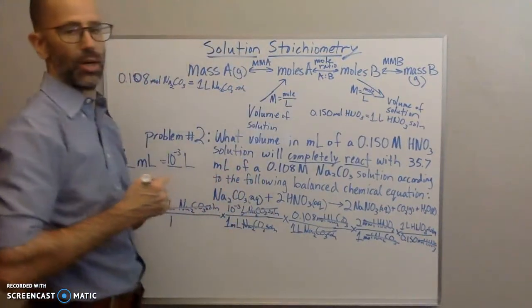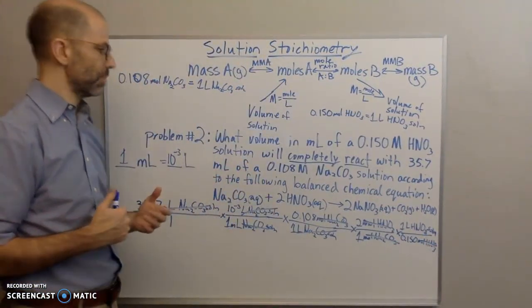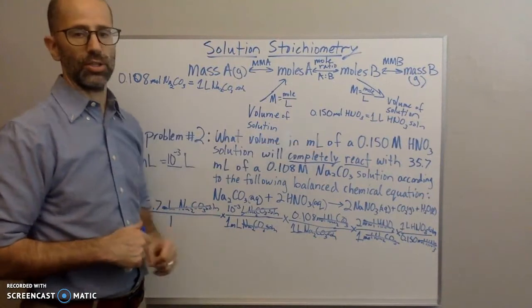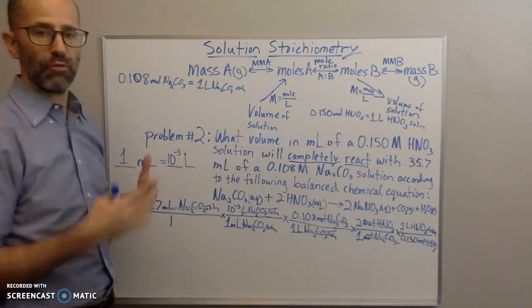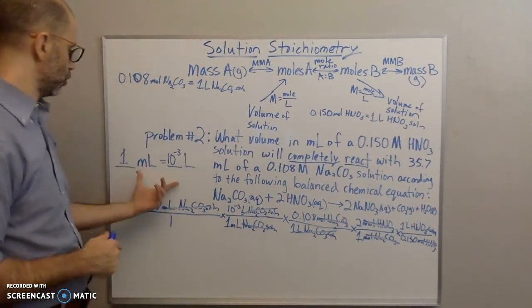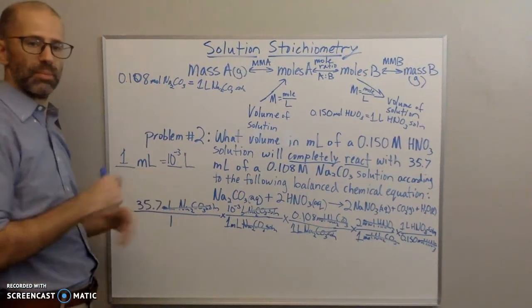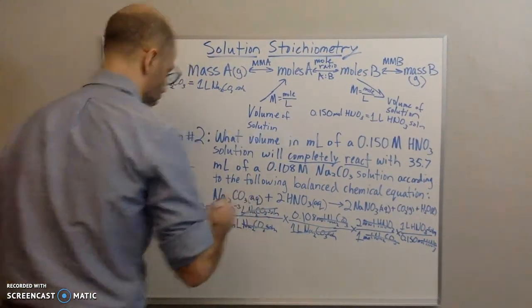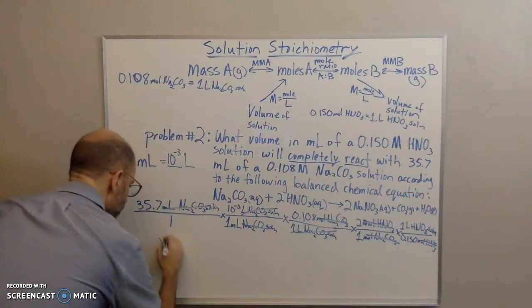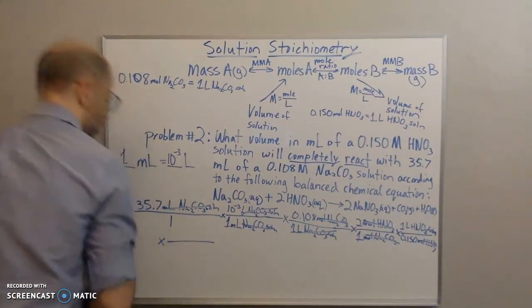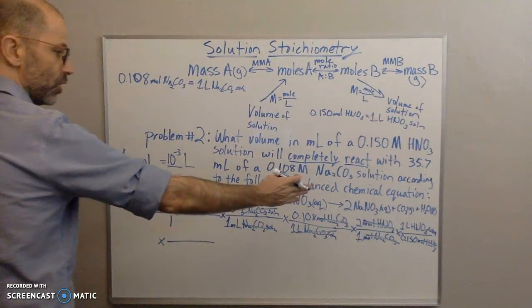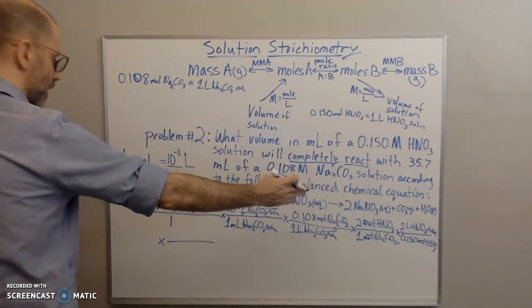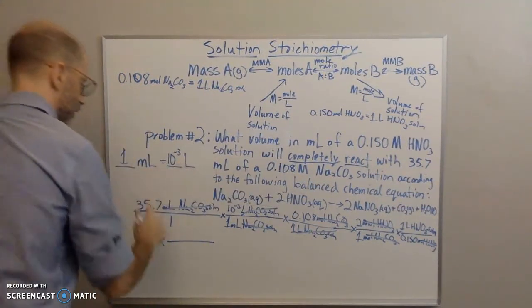Now I have liters of HNO3, but they want milliliters. So now I need to convert from liters to milliliters. I'm going to use this equality again, but now I'm going to flip it. So I'm going to finish here. I have liters of HNO3 on the top, so I'm going to have liters on the bottom.